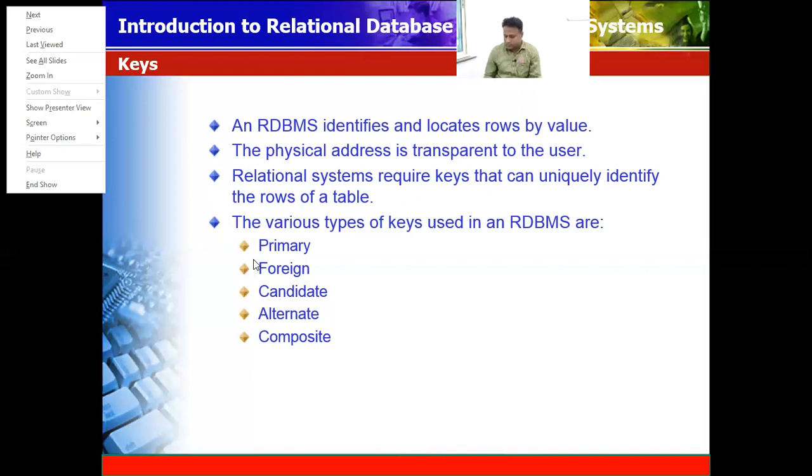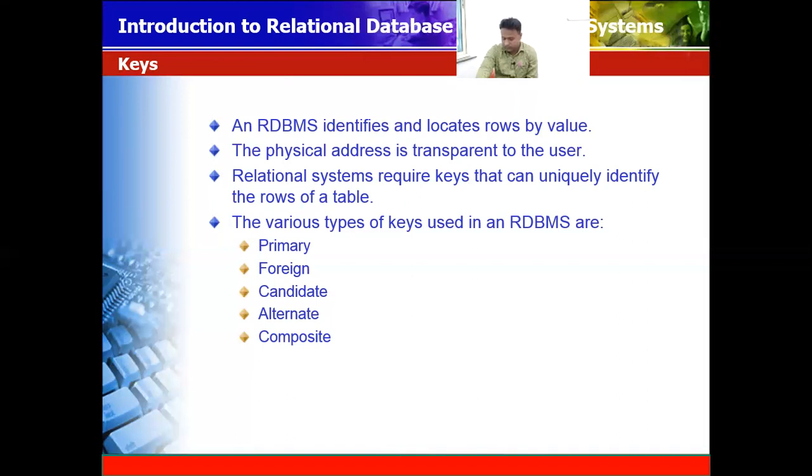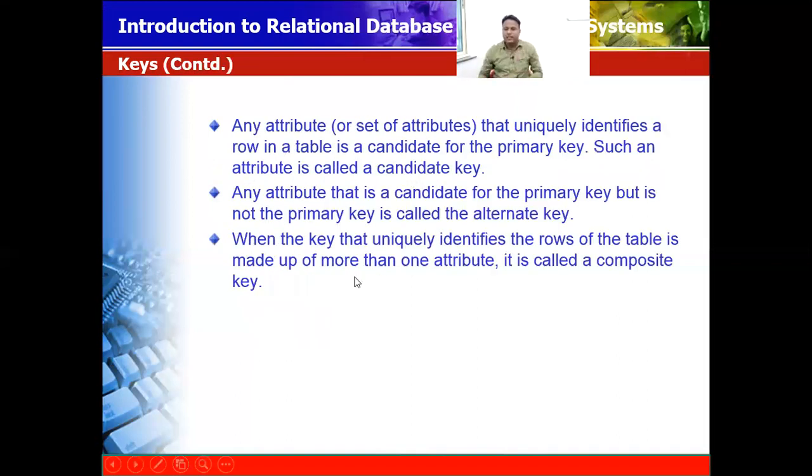Yes, sir. So that's the thing I have told you, and it is given here. Any attribute that uniquely identifies a row in a table is a candidate for the primary key. Such an attribute is called a candidate key. Any attribute that is a candidate for the primary key but is not the primary key is called the alternate key, which means we can say it is the opposition.